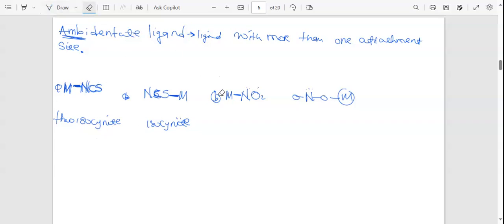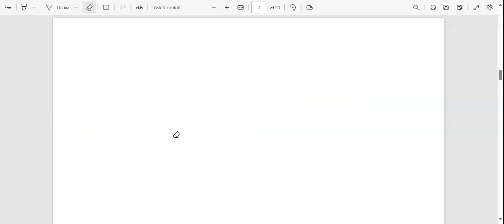Okay, so let's go to the other type of ligand as well, because we're almost there. So we'll go now to what we call a weak field ligand.